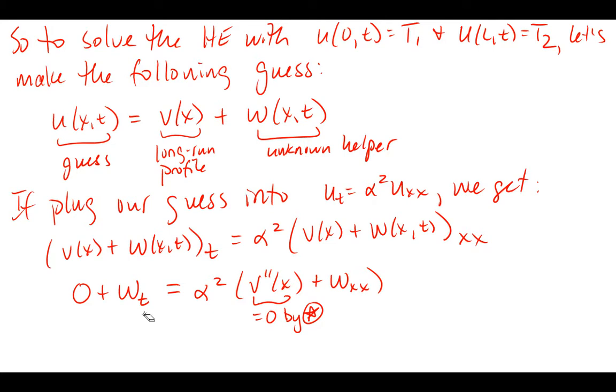So what am I left with? I just have W_t equals alpha squared times W_xx, which should look awfully familiar. So all we're left with is this.